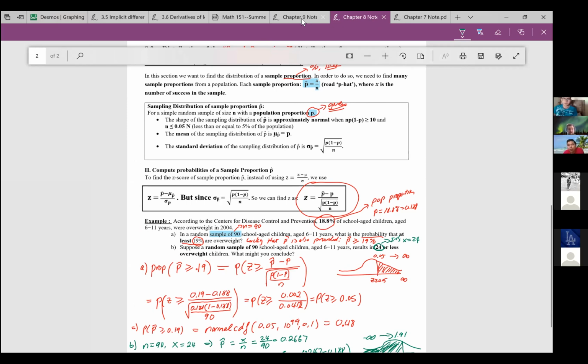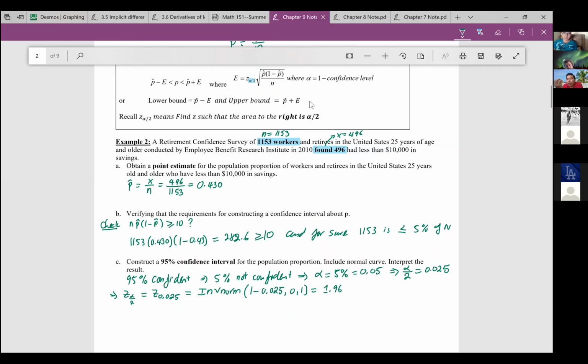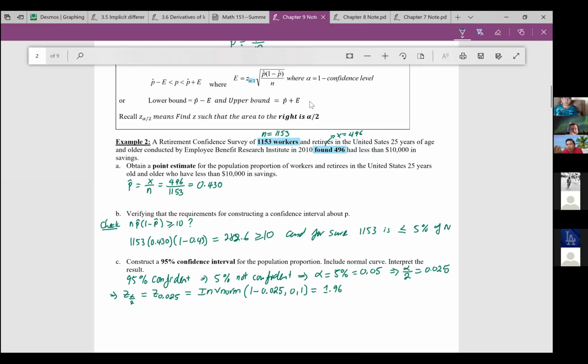Okay. So in chapter 9, we said, let's see based on our standard deviation, and we also look at the inverse Z, which is the area that we are not confident with, and when you multiply those two, we are able to find the margin of error that we are not going to be confident with. So essentially this is Z sub alpha over 2 times the standard deviation. Of that proportion, yes. Okay, I think I get it now.